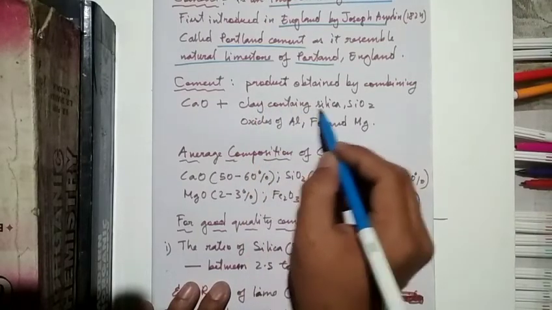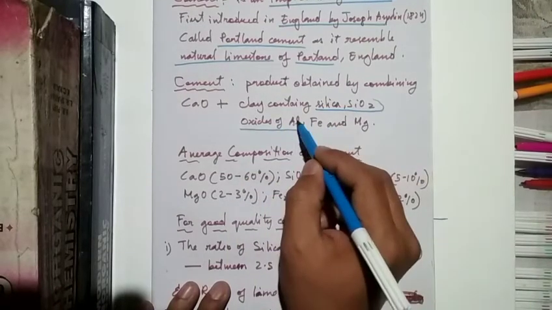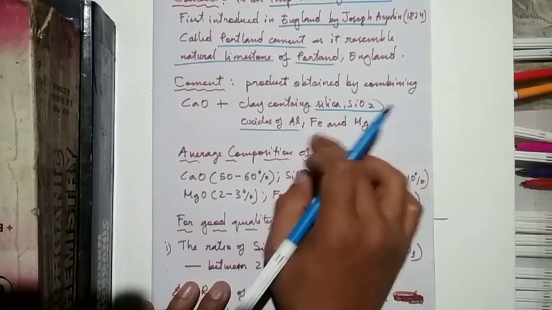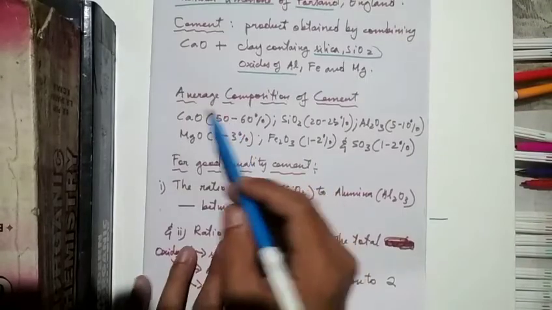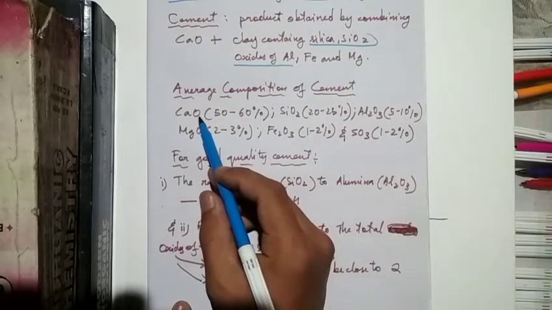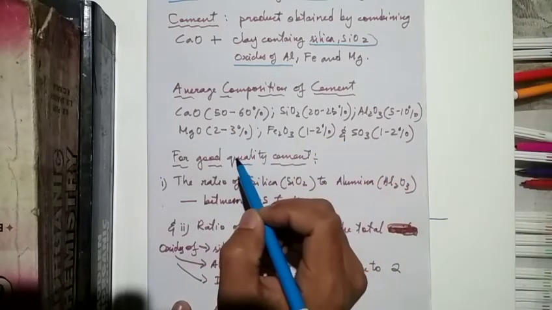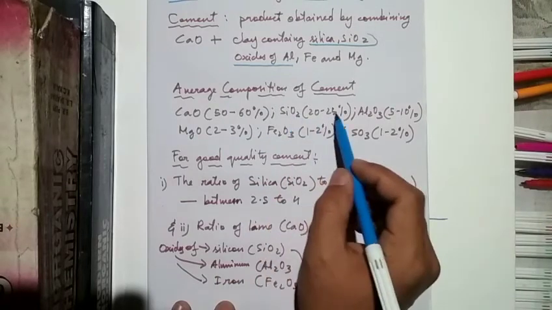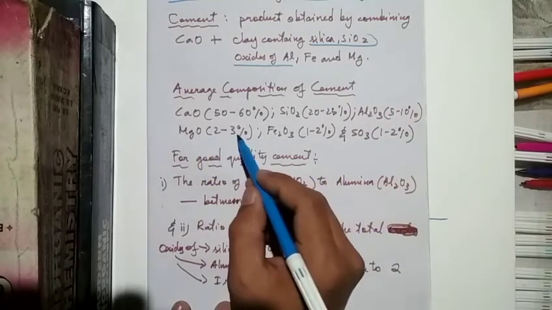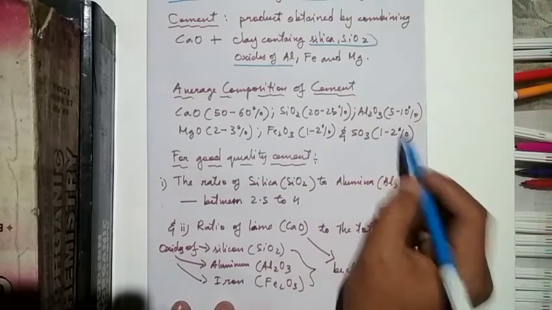This clay contains silica, SiO2, along with oxides of aluminum, iron and magnesium. Now the average composition of cement: calcium oxide with the highest composition, 50 to 60%, silica 20 to 25%, aluminum oxide 5 to 10%, magnesium oxide 2 to 3%, iron oxide 1 to 2%, sulfur dioxide 1 to 2%.